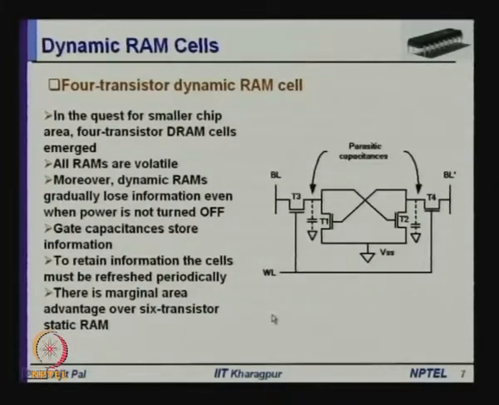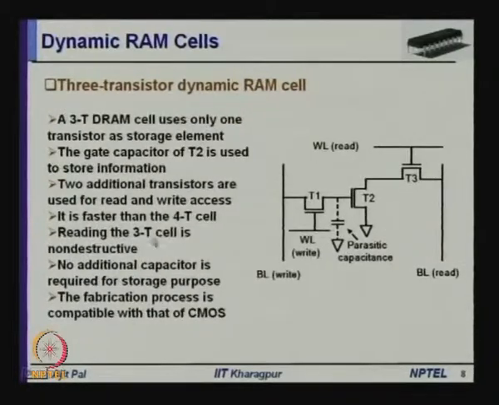Now, let us consider the second step, which was the 3 transistor dynamic RAM cell. The 3 transistor dynamic RAM cell was proposed where, instead of having 2 transistors, only one transistor is used for storing information, as you can see, T2.